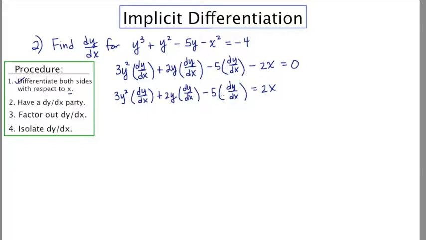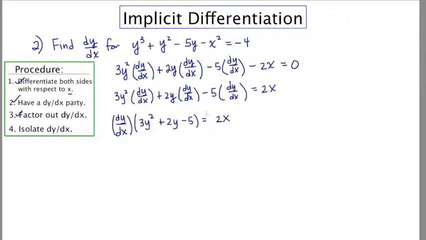Now these three terms that do have the dy/dx, I'm going to factor that out. So we've accomplished step number 2, and now we're going to go to step 3, which is factor out the dy/dx. So I'm going to take out dy/dx because it's on all the terms on this left-hand side. And then what I'm left with is 3y squared plus 2y minus 5, and that equals 2x.